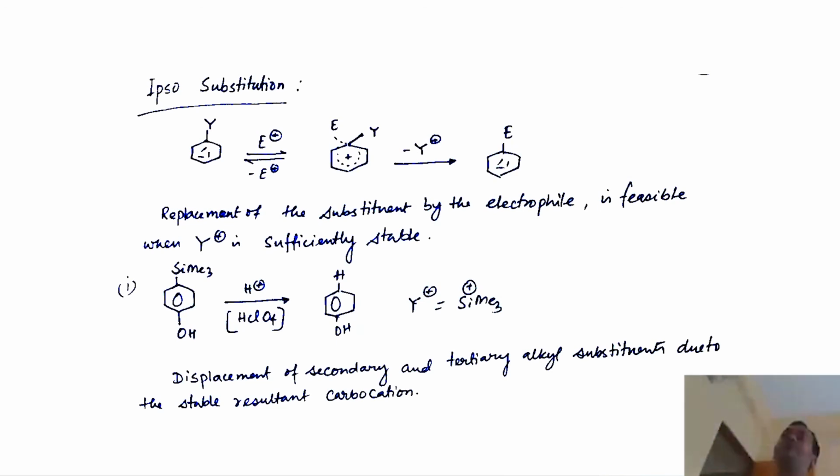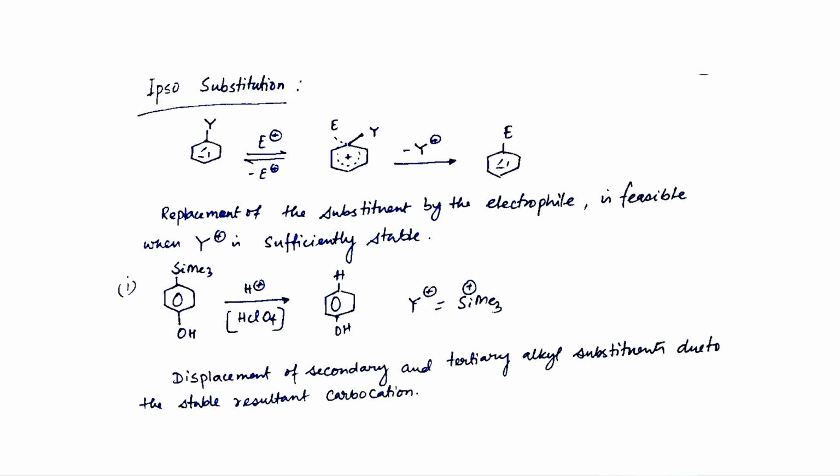Okay. Now this ipso substitution, this is a very interesting reaction. So when we do the electrophilic attack, generally you have seen that there is one substituent, and that substituent is directing or dictating where the incoming electrophile should come. If this Y is electron donating, then it would lead to ortho or para product. If it is electron withdrawing, it would lead to meta product.